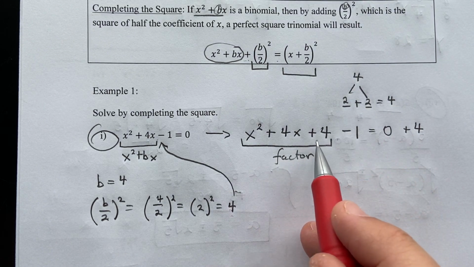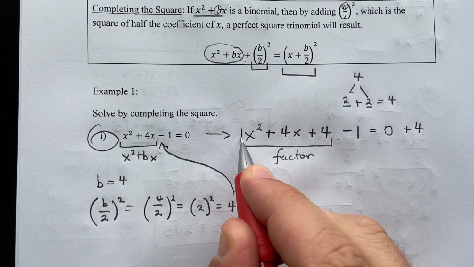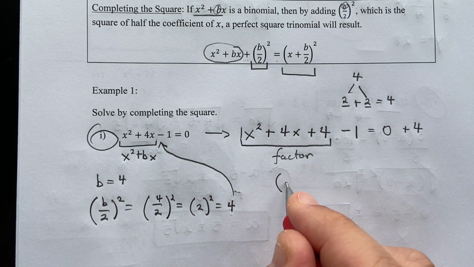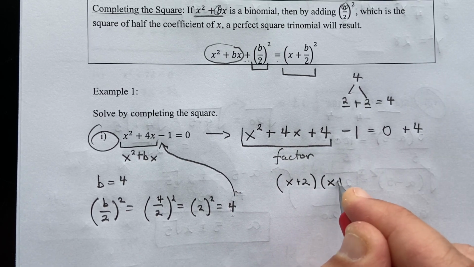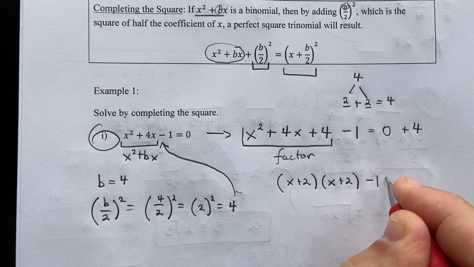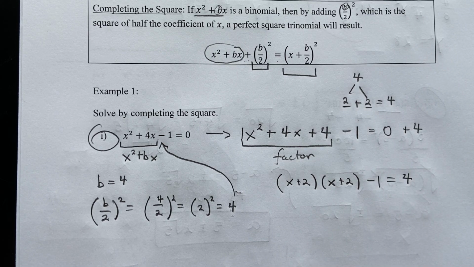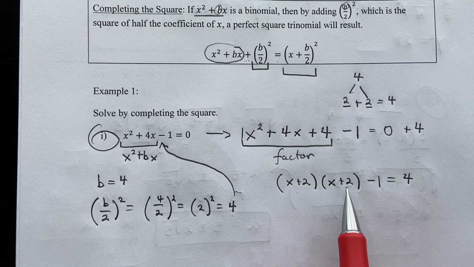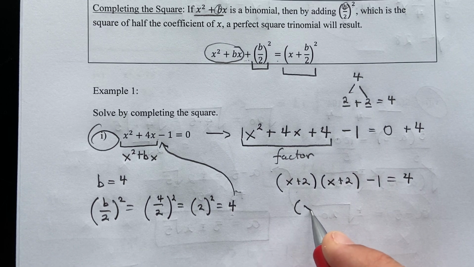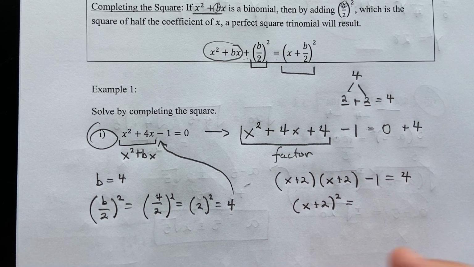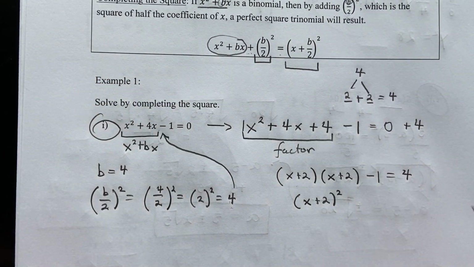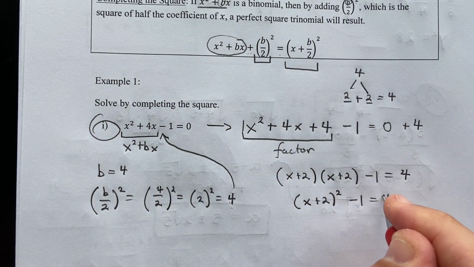So I can quickly write down the factorization since I have a 1 for a. So I can say x plus 2 times x plus 2 minus 1 equals 4. x plus 2 times x plus 2 is the same as x plus 2 all squared. And then I'll just keep the negative 1 equals 4 for now.